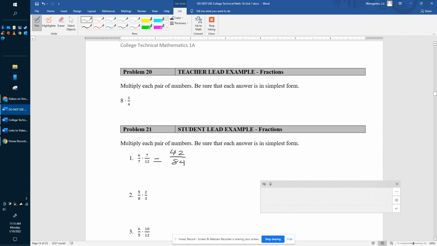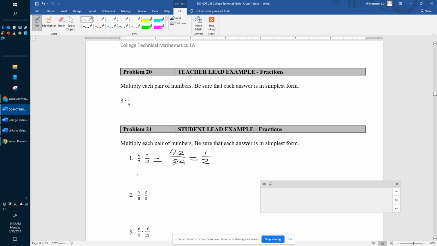So I am seeing we have 42 and 84. 84 is 42 times 2. So the top number is divisible by 42. The bottom number is divisible by 42. So I'm going to reduce that down. And your final answer is going to be 1/2.